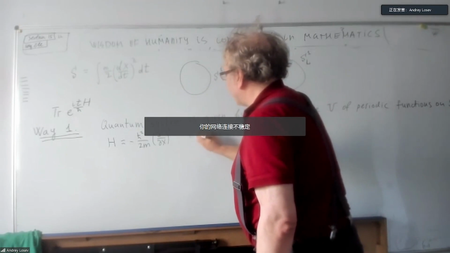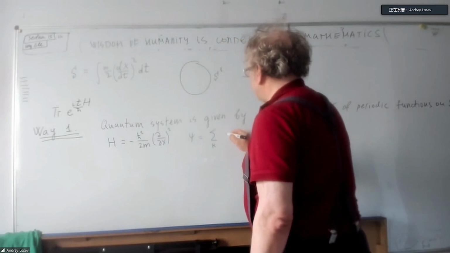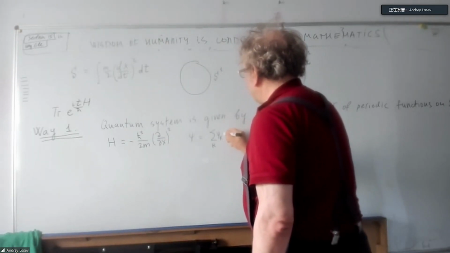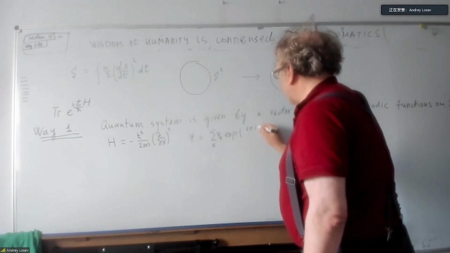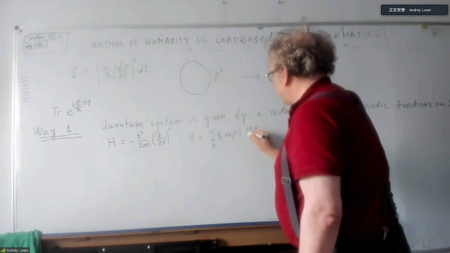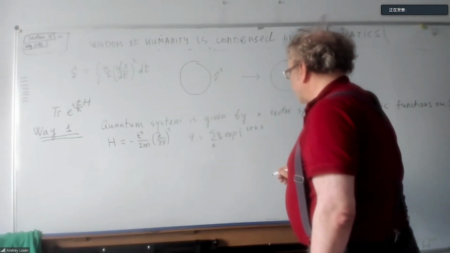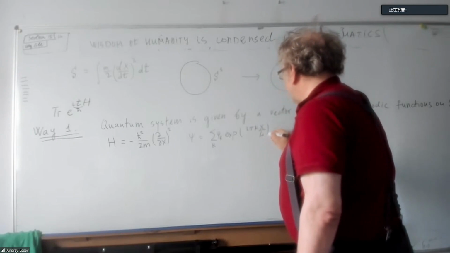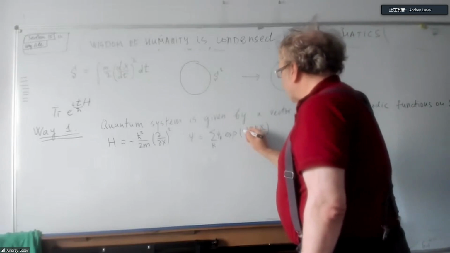Such functions psi are given by a sum over k of psi k times the exponential of 2 pi I k x over L.